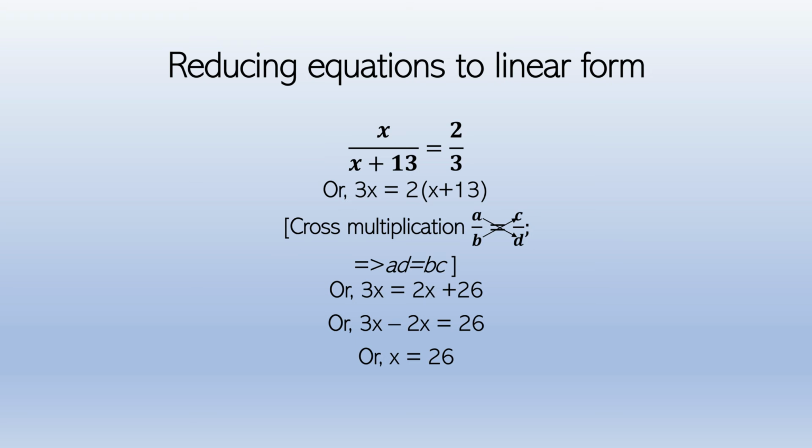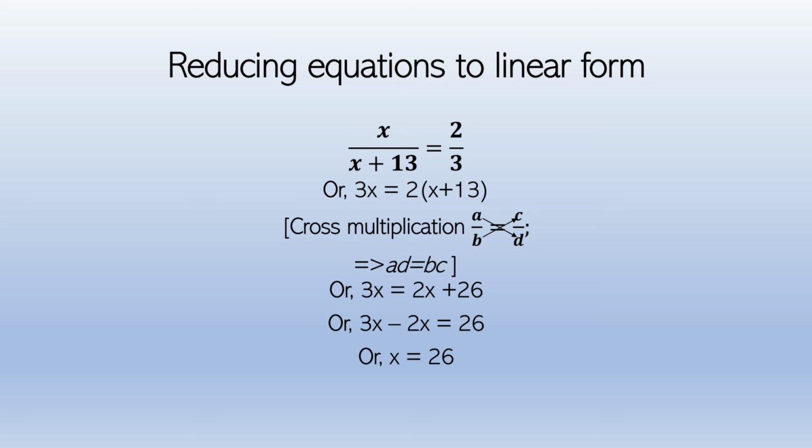Cross multiplication means we multiply crosswise, that is, the left hand side numerator with the right hand side denominator, and the left hand side denominator with the right hand side numerator. After doing this, we get AD equal to BC.